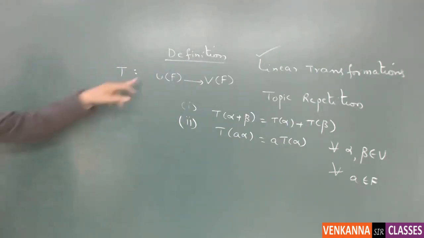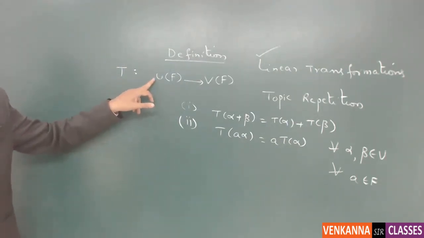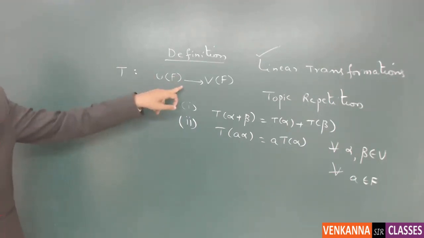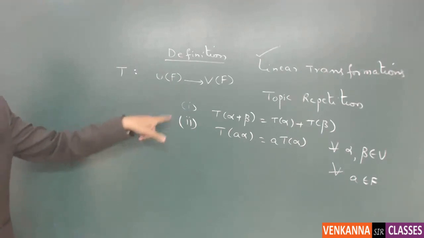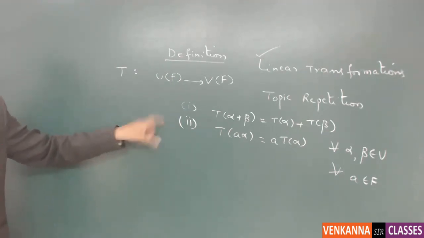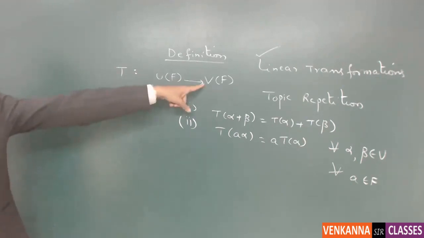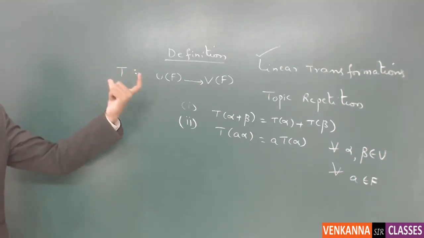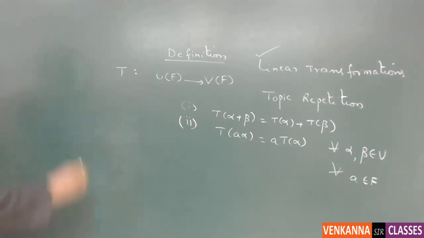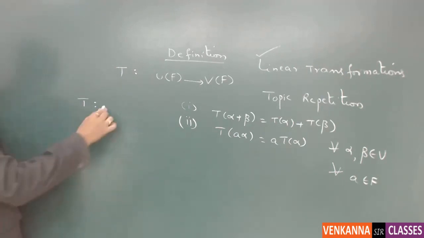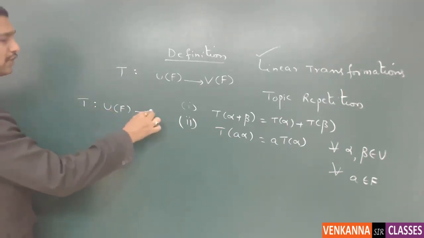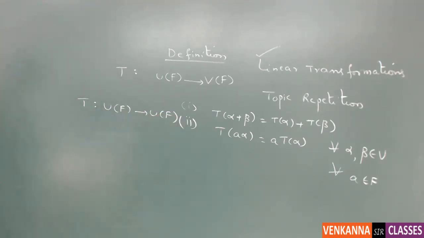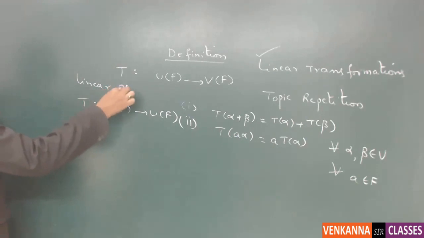So you are taking two vector spaces over the same field F, and T is a user defined function satisfying two conditions. Whenever these two conditions are satisfied by T, then we say that T is a linear transformation. And we give different names for T. If T is a function from U of F to U of F itself, that is, domain and codomain both are the same, in such cases we call it a linear operator.